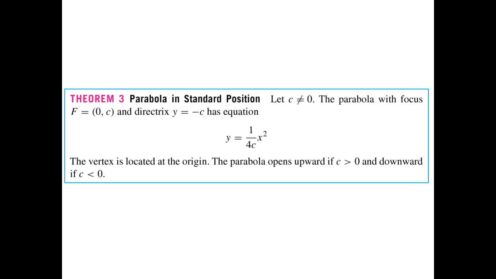Of course, c can't be 0, because your focus can't be 0. The directrix would be minus 0. That's the same place, and that would just be the origin. That's all you'd have, and it wouldn't fit the formula anyway. So the vertex is located at the origin. The parabola opens upward if c is positive, opens downward if it's negative.